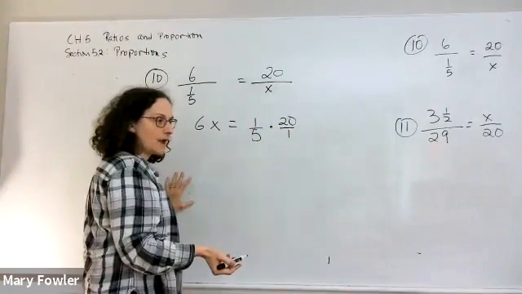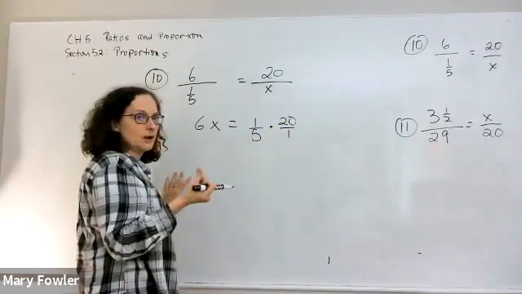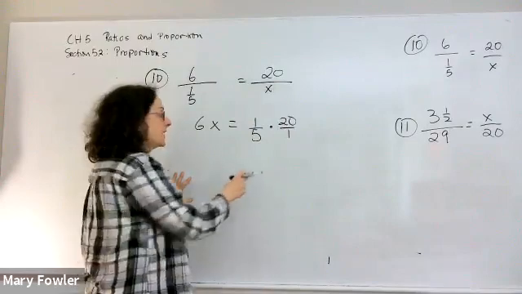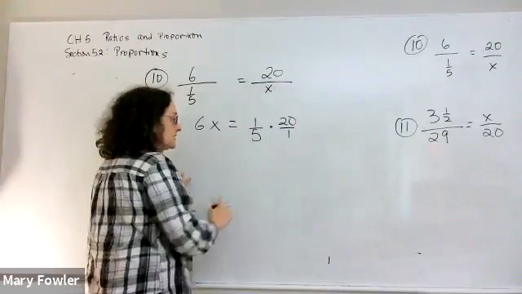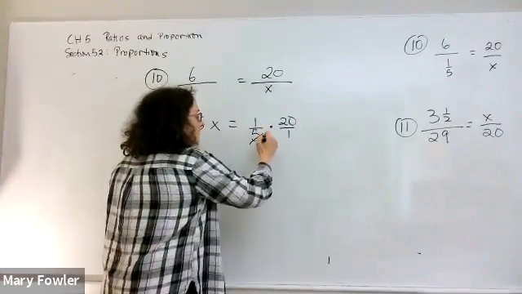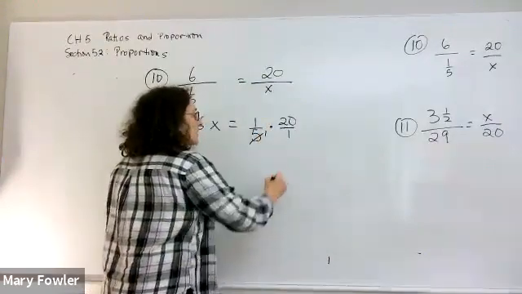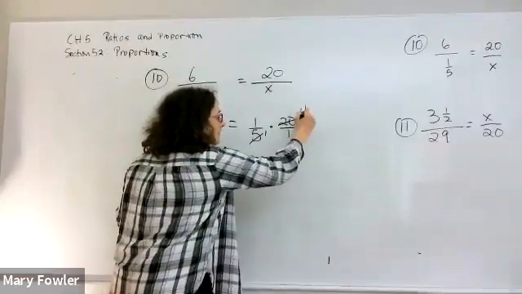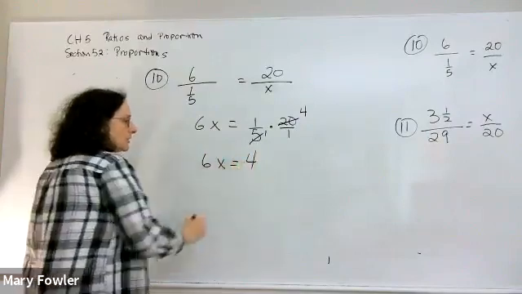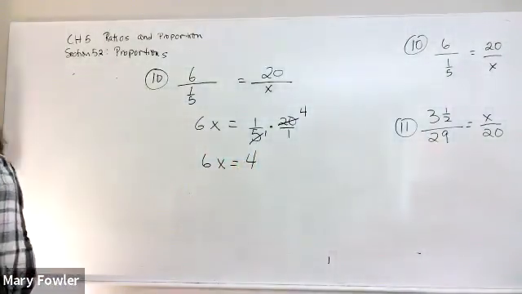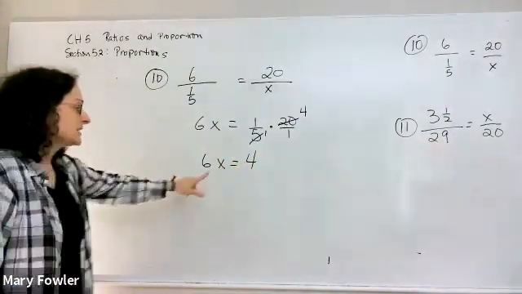Before we multiply fractions, we might want to simplify. So is there any factors in the numerator that also exist in the denominator? 5. 5 goes into 5 1 times. 5 goes into 20 4 times. So we have 6x is equal to 4. And now we need to solve for x.